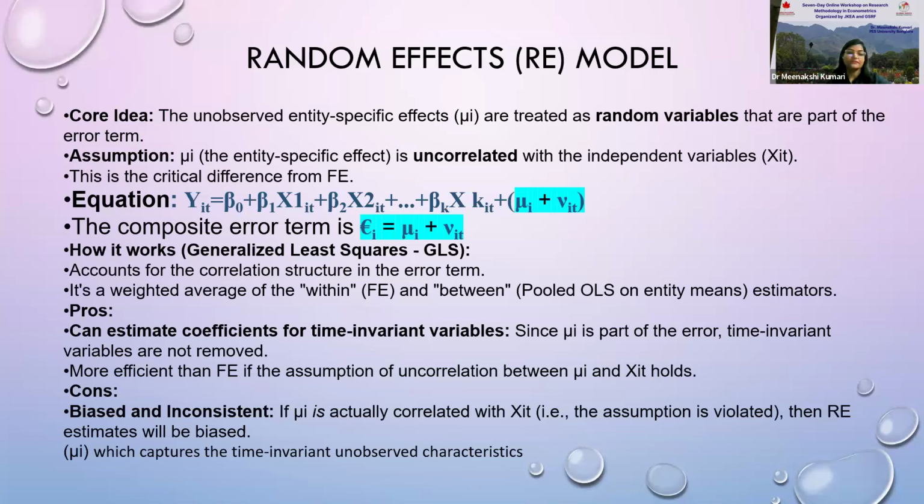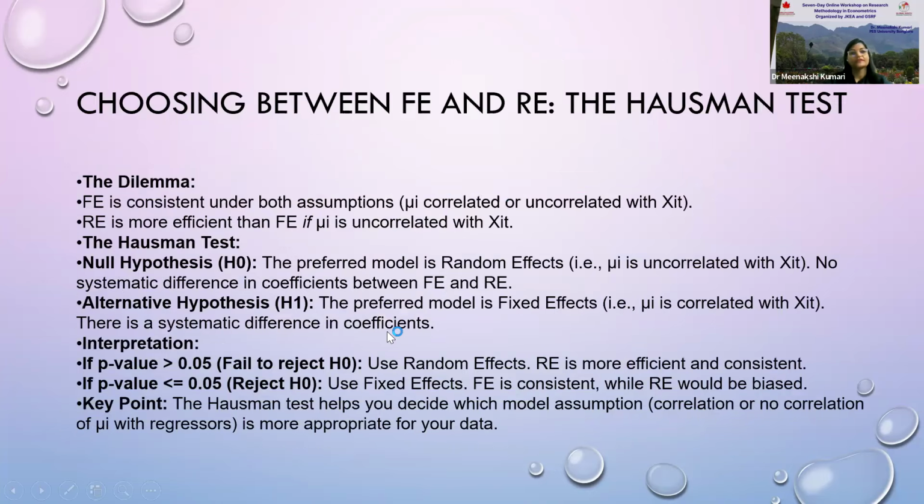If we compare with FE, it is more efficient, but only if the assumption of no correlation between mu i and the independent variables holds. If mu i is correlated with an independent variable, then we will have inconsistent results for sure. So this is the thing about random effect.